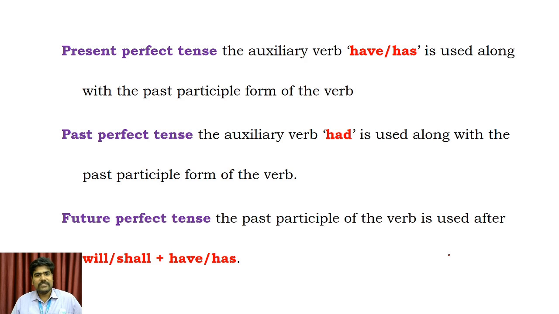Has is used with singular and have is used with plural. The exception for have is I. And in past perfect tense, the auxiliary verb had should be used. In future perfect tense, we have to include will or shall plus has or have. I hope you understand the past participle.